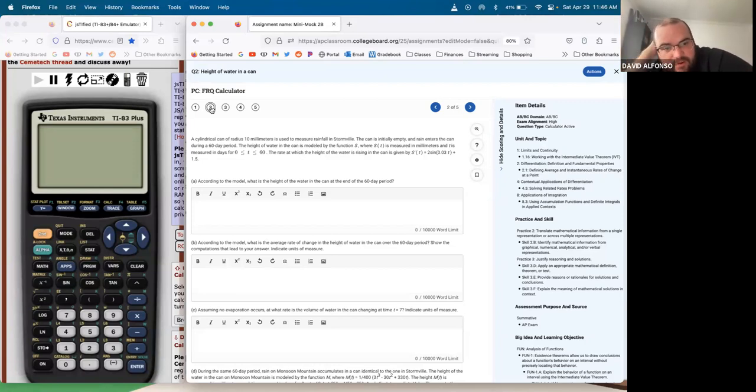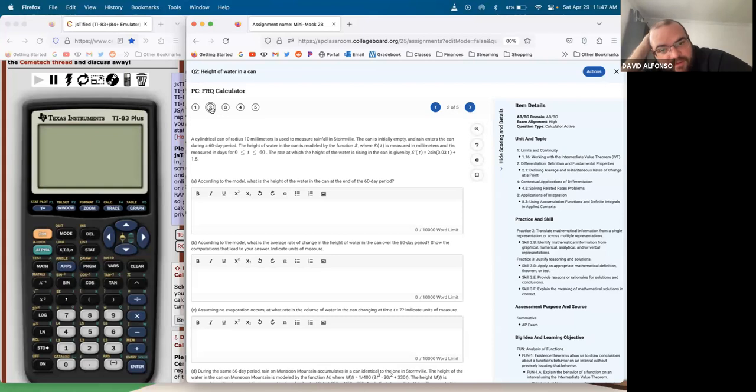Okay. So a cylindrical can of radius 10 millimeters is used to measure rainfall in Stormville. The can is initially empty and rain enters the can during a 60-day period. The height of water in the can is modeled by the function S, where S is measured in millimeters and T is measured in days from 0 to 60.